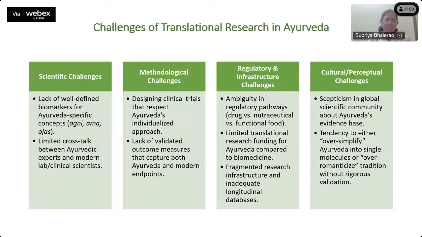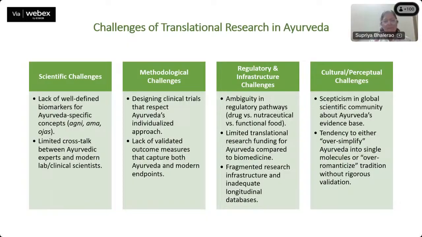Methodological challenges. Designing clinical trials that respect Ayurveda's individualized approach is a very crucial thing and not an easy task. There is a lack of validated outcome measures that capture both Ayurveda and modern endpoints, because even in the clinical trials we do at our place, we use modern biomarkers or modern endpoints.